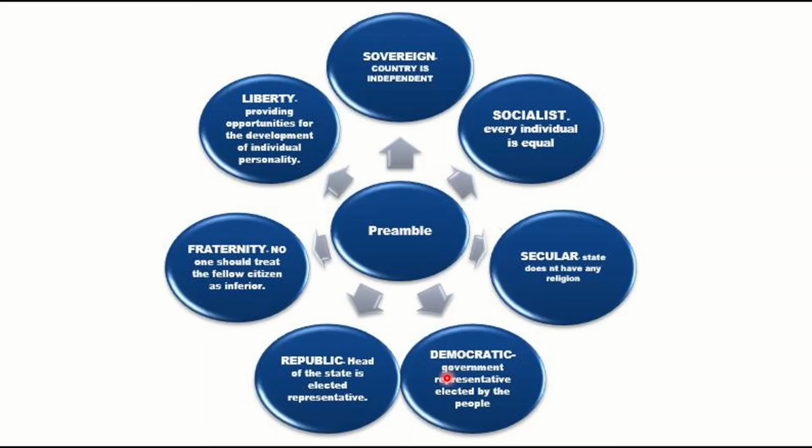Democratic: a form of government where people enjoy equal political rights, elect their rulers and hold them accountable. Republic: the head of the state is an elected person and not a hereditary position. It means in our country we elect our representatives. Fraternity: citizens cannot be discriminated against on the ground of caste, religion, or gender.